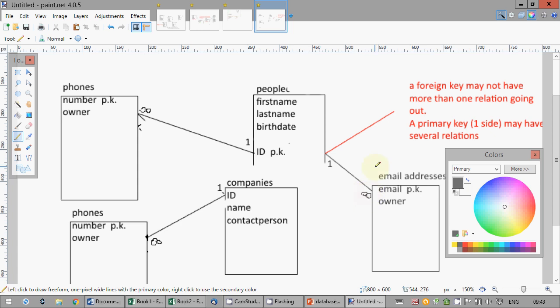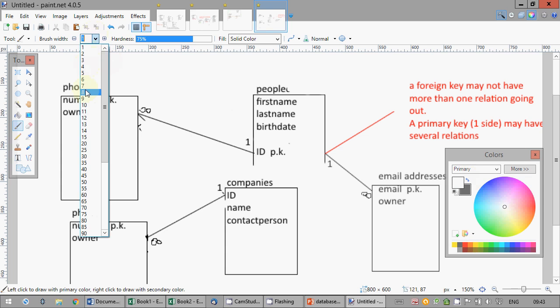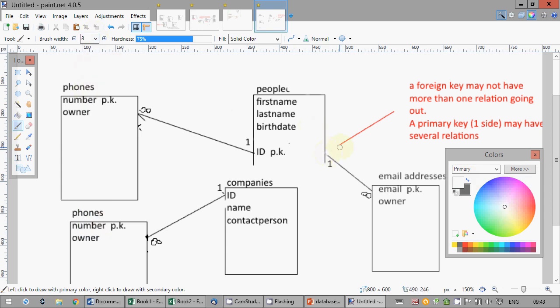So this is an example of how one side can have more than one side going out. This is allowed. While the foreign key with more than one relation going out is not allowed.